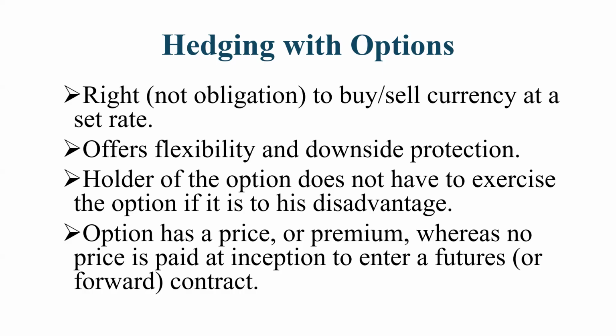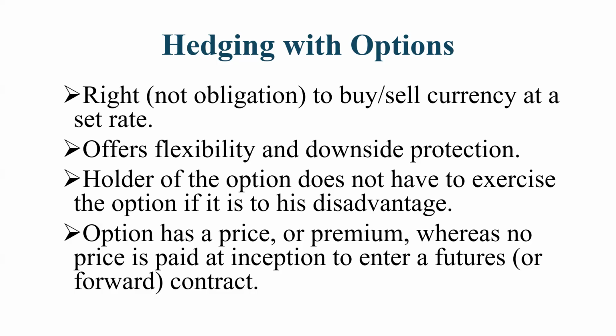So we can describe an option as a contract that gives the holder the right to buy or sell a given quantity of an asset. In this case, our focus is on currency options. So a given quantity of currency at a specified rate at some time in the future.